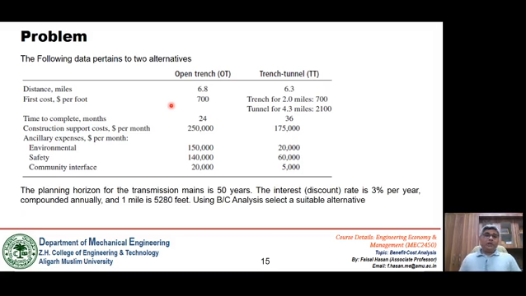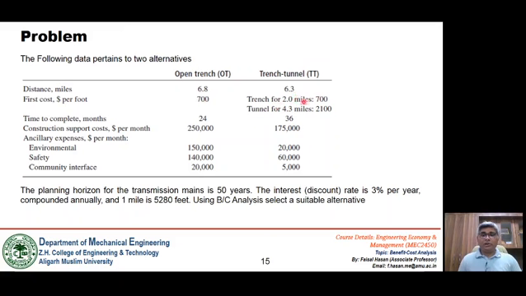Say, for example, we have two alternatives: one is a project associated with an open trench and another is a project associated with a tunnel trench. Different cost parameters are given, like the distance in miles, and the first cost in dollars per foot, so 700.